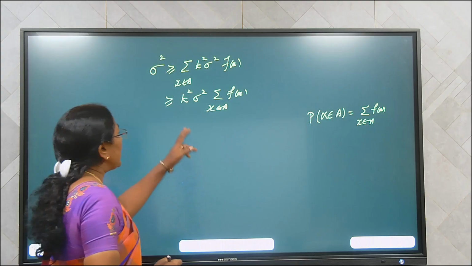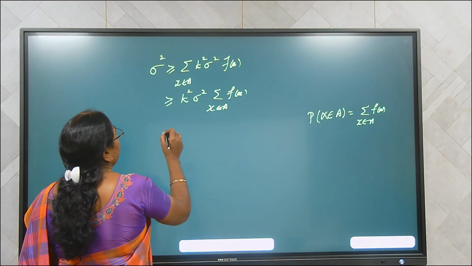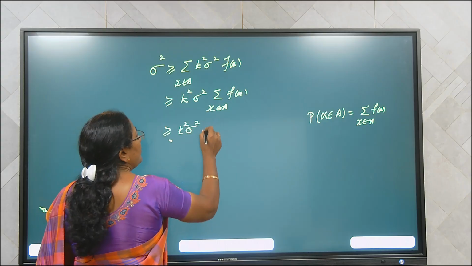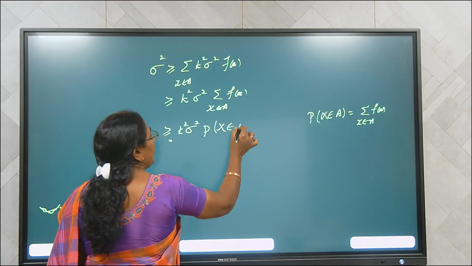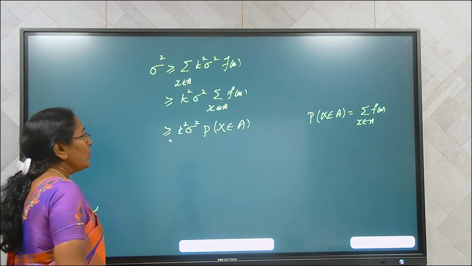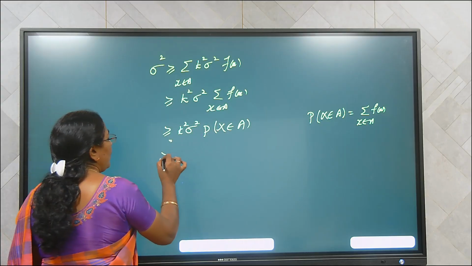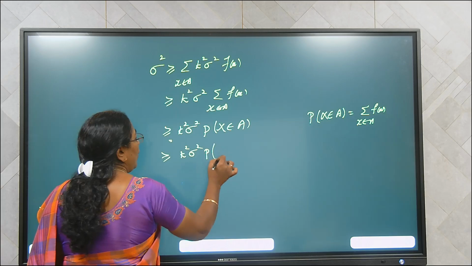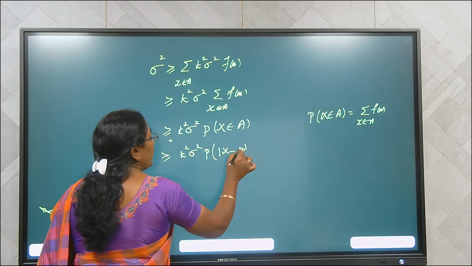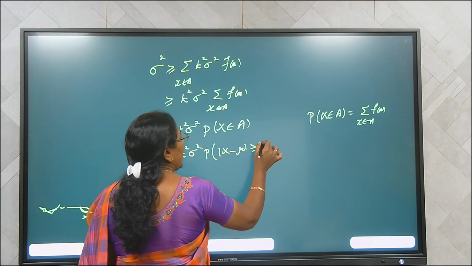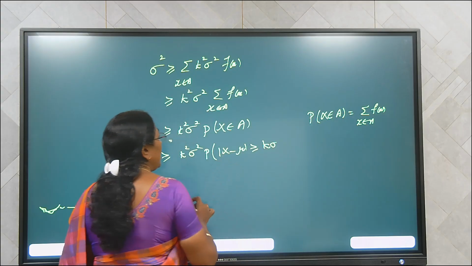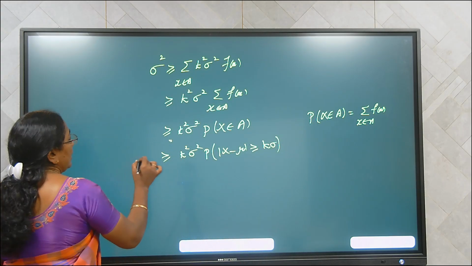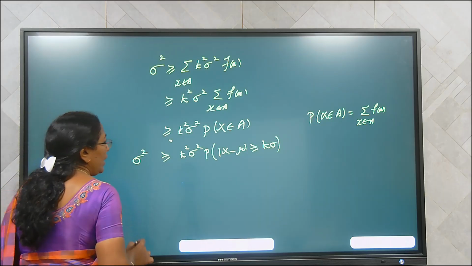So using that, we can write this as k square sigma square into probability of x belongs to A. Now, in A, this probability is the probability of modulus of x minus mu greater than or equal to k sigma. On the left hand side we also have sigma square.